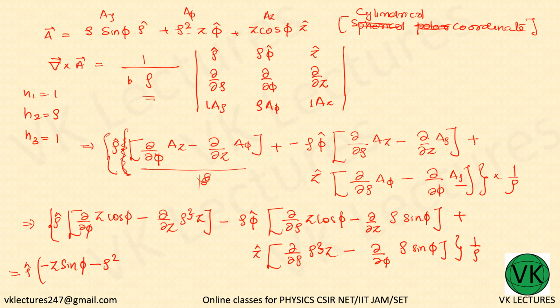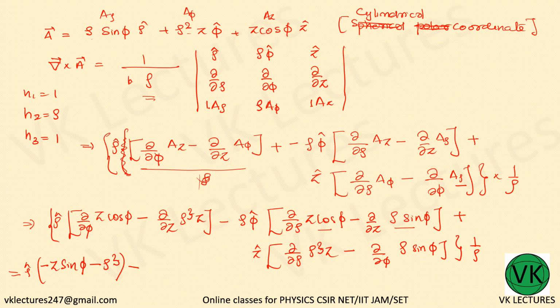Okay, so this is rho cube, minus rho phi cap. This is dou by dou rho of z cos phi, no terms. Dou by dou z of rho sin phi, no terms.